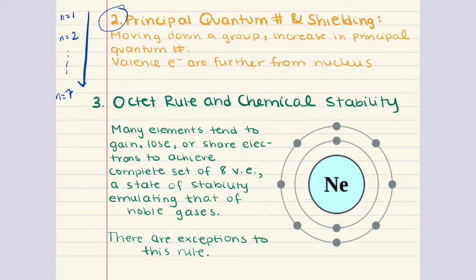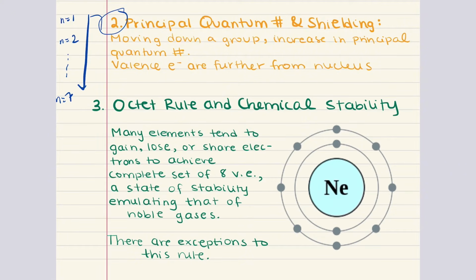These additional inner shells of electrons increase the distance between the nucleus and the valence electrons, and that provides more shielding. So if we're looking at a group going down, the next following element is going to have an extra outer shell. It's going to have an additional shell.